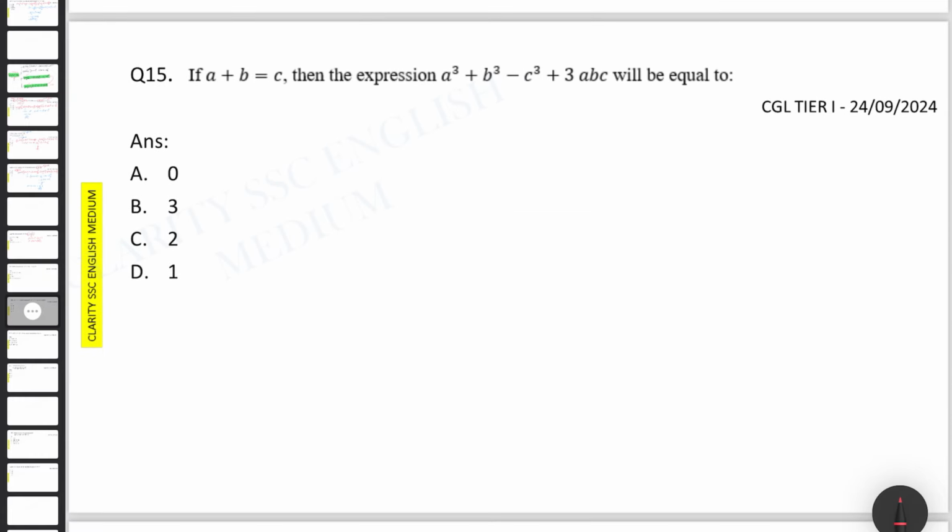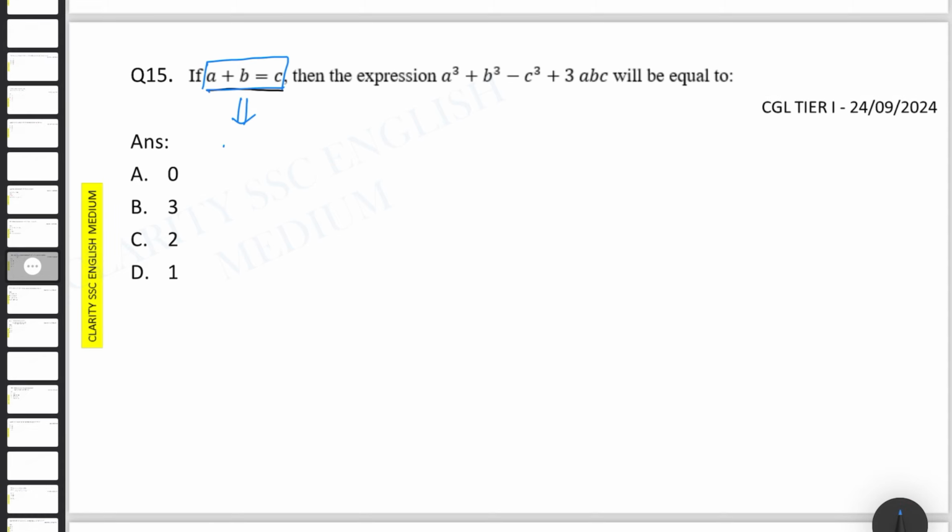The next question says, if a plus b is equal to c, then the expression a cube plus b cube minus c cube plus 3abc will be equal to? This one is a plus b plus minus c equal to 0.